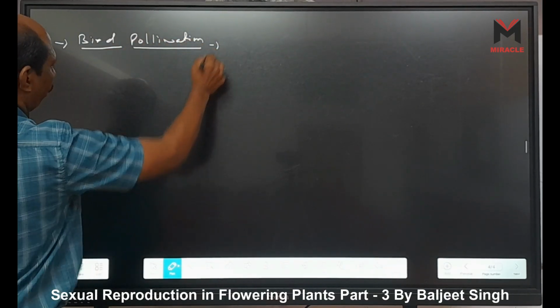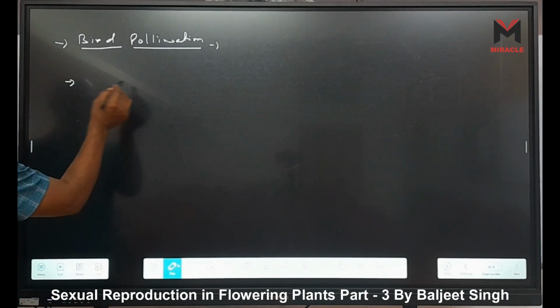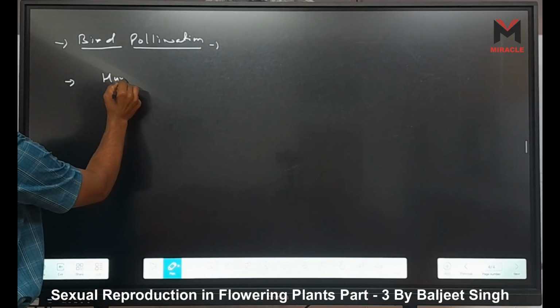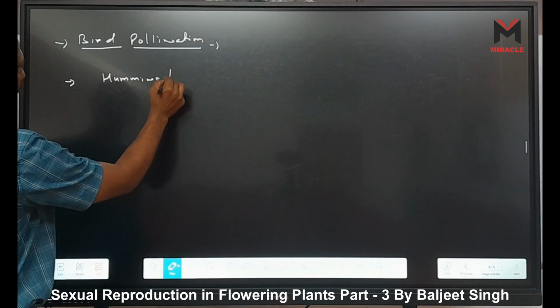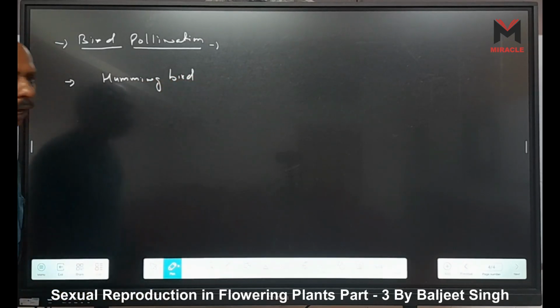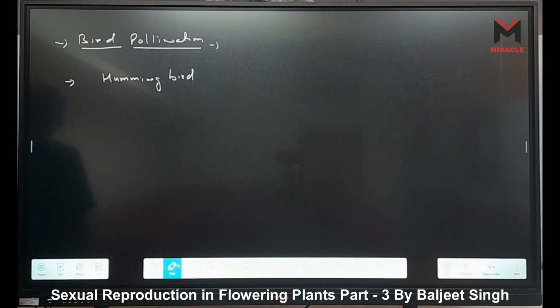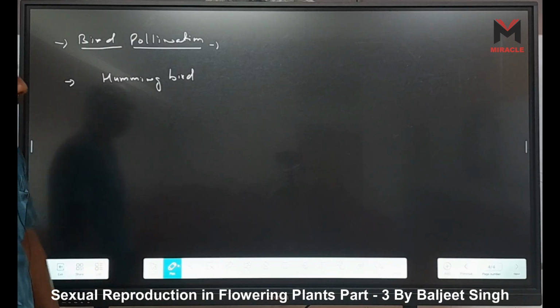Okay, in bird pollination, some are given here. When we consider bird pollination, we have two types of birds. One is the hummingbird, a very small bird. Hummingbird or sunbird, right? In hummingbird or sunbird, for example in, right, which one? Bignonia. Right?